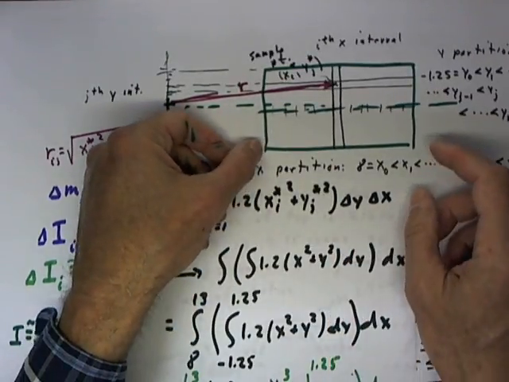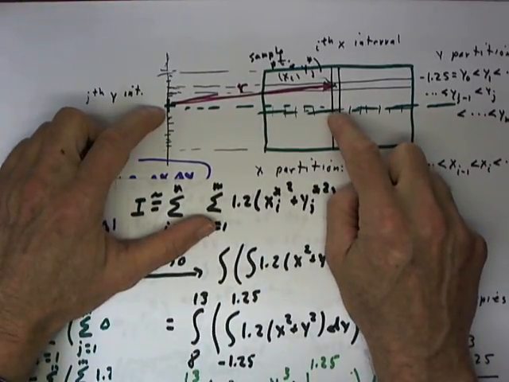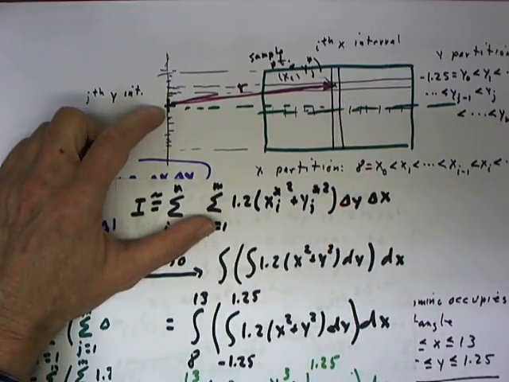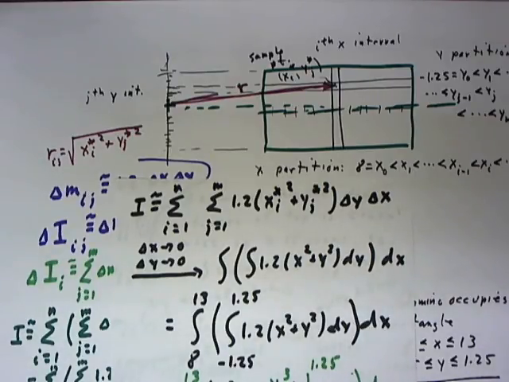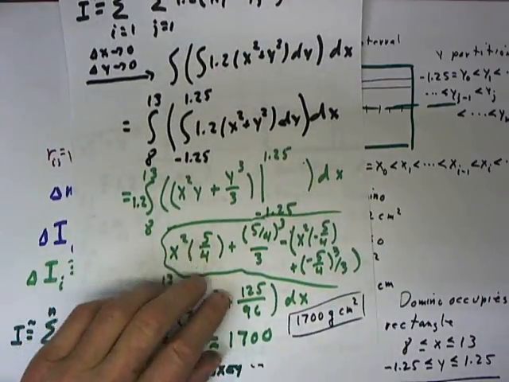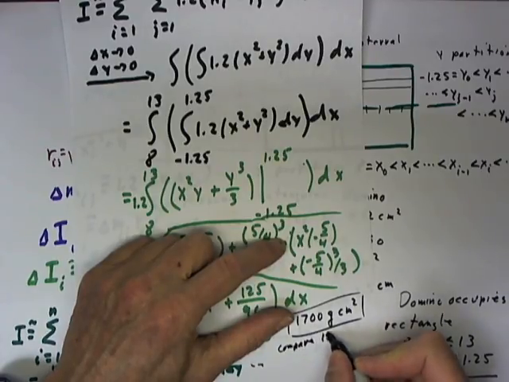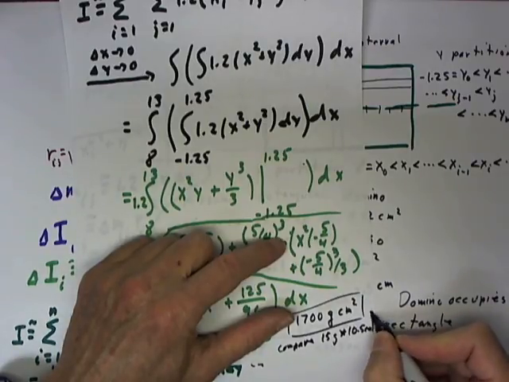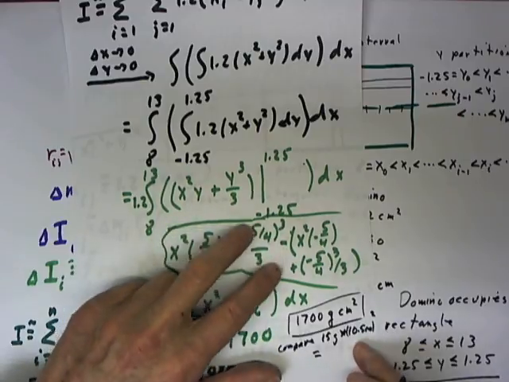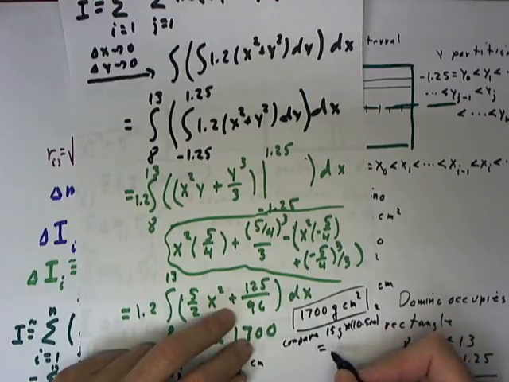Its center is halfway between 8 and 13 centimeters, 10.5 centimeters from the axis of rotation. Its mass, recall, was 15 grams. If we multiply 15 grams by the square of 10.5 centimeters, 10.5 squared is about 110, times 15 is going to give us about 1650.